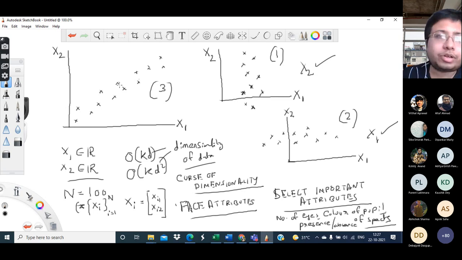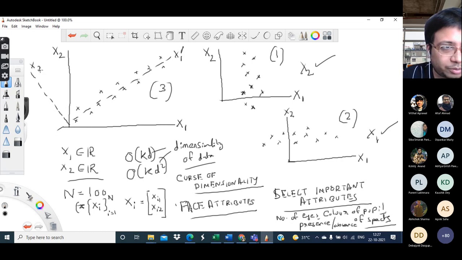I am sure you are familiar with the concept of change of basis, right? You would have studied this sometime in your +2 itself while studying for JEE. So suppose that instead of using the basis defined by x1 and x2, I define a different basis. Instead of calling this x1, I call this x1 prime, and I shift x2 to x2 prime.